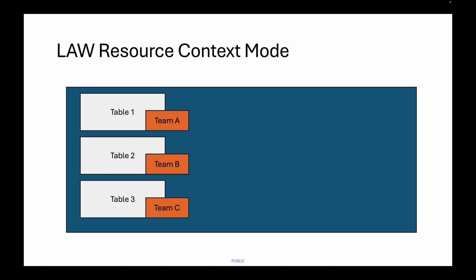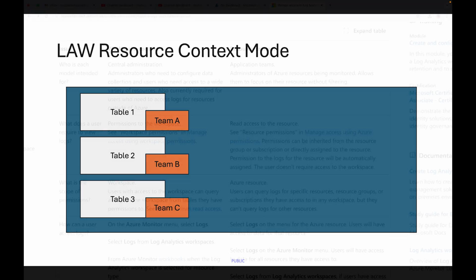But anyway, we have it in resource context mode, and as you can see, team A has access to table 1, team B has access to table 2, and team C has access to table 3. And you have the different teams that have access to it. So that's essentially what they mean by resource context mode.